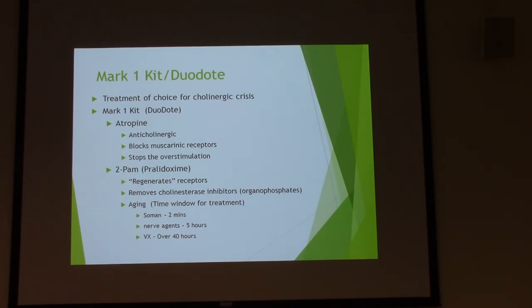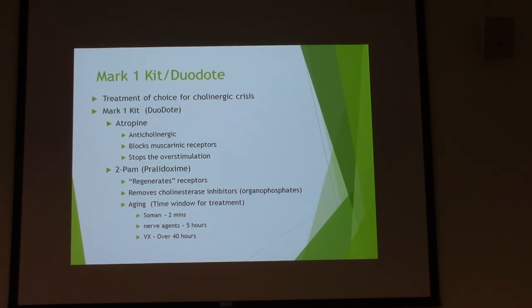But the DuoDote contains two medications in one auto-injector, and it's going to be the atropine and the 2-PAM. Now, I don't know where your hazmat truck is, I can't remember where yours is right now, but you do need them. The hospital has them too. All the hospitals have a set for EMS, and they have a set for the hospital for your patients.